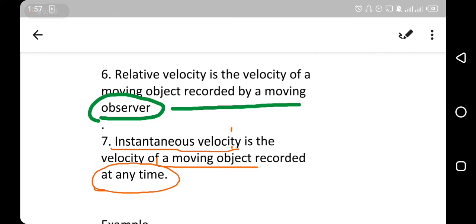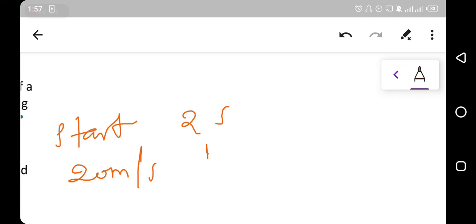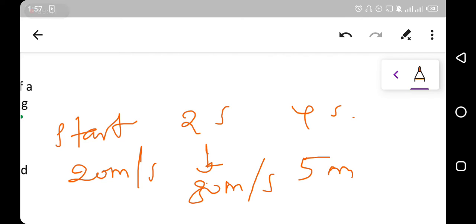Hii ni velocity ya moving object iliyorekodiwa katika muda wowote ule. Inawezekana kwamba tukasema at a start gari ilikuwa na 20 meter per second, lakini after 2 second tukasema labda likawa na 30 meter per second, labda after 4 second likawa na 5 meter per second.